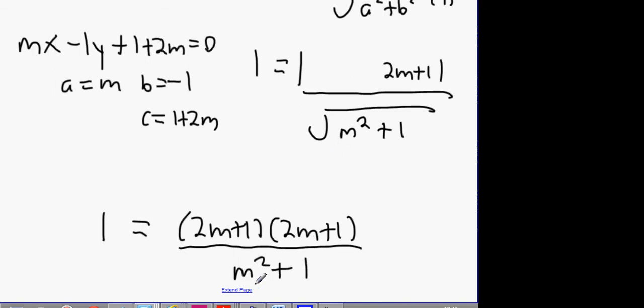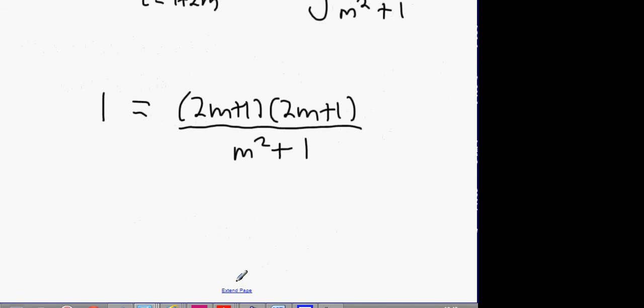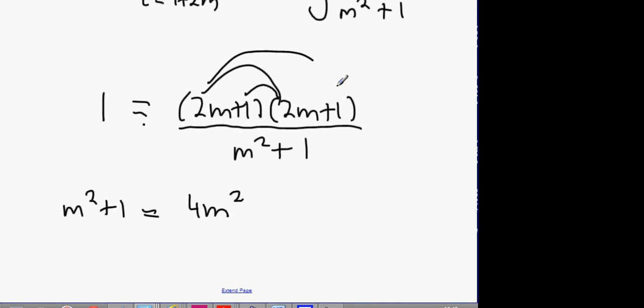Then we're going to cross multiply. We're going to get m squared plus 1 on the left. We're going to get 4m squared, then 4m in the middle, or 2m plus 2m, which in turn will give me 4m, and then 1 multiplied by 1, 1.